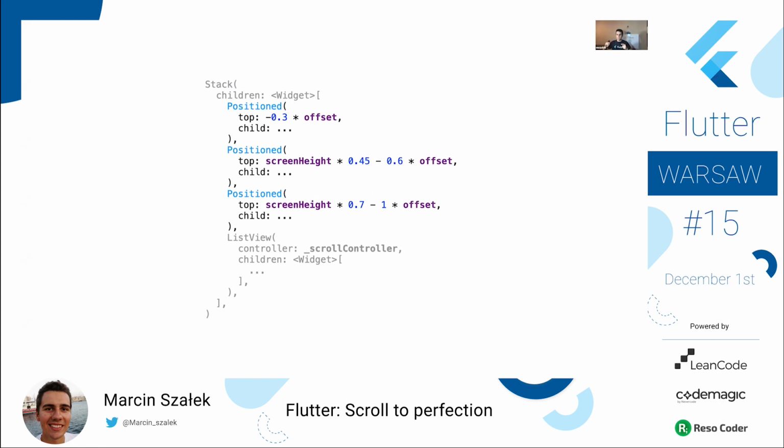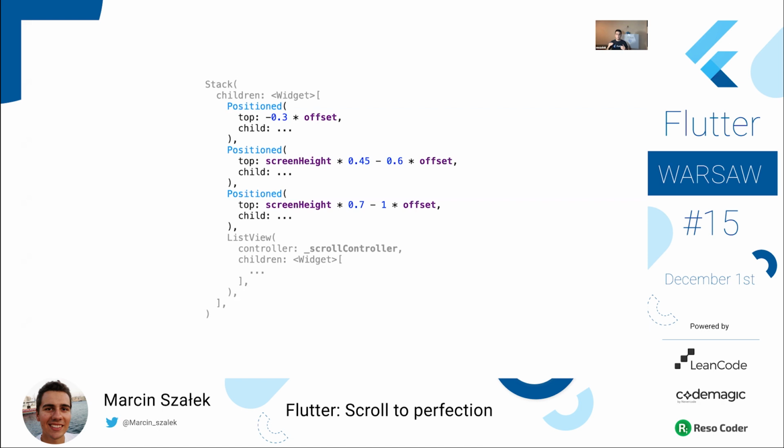Now, those positioned items are the components of our parallax effect. And what you can see here is that each of those is aligned to top, but in a slightly different way. So all of them are using the offset. The offset is the scroll controller's offset, but they're multiplied by a different number. Therefore, when the user scrolls, each of those components will move according to the scroll, but at a different speed.